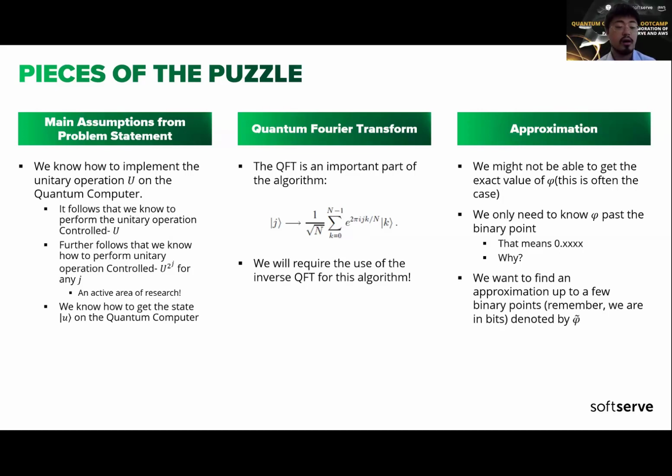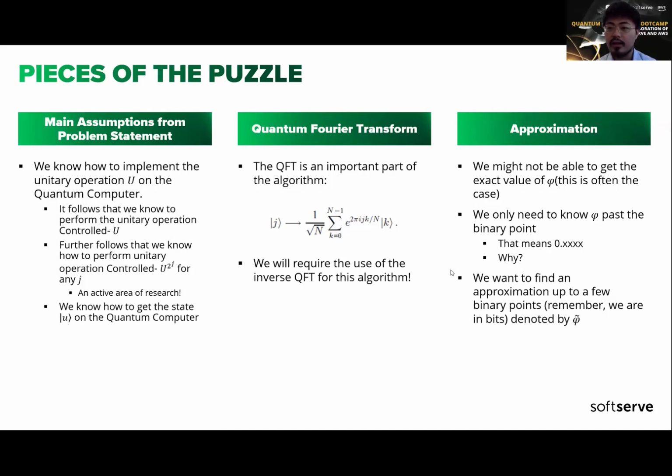More specifically, we'll be requiring the use of the inverse QFT, and you also learned how to perform the inverse QFT in the previous lecture, during the hands-on, which is basically creating the QFT circuit and then getting the adjoint of the QFT circuit.